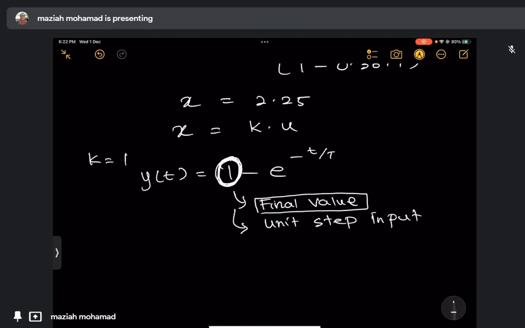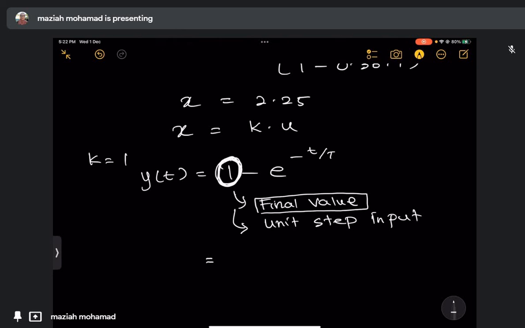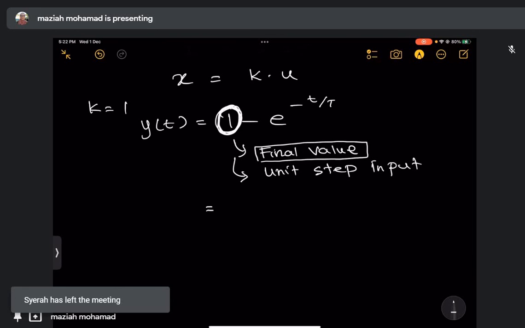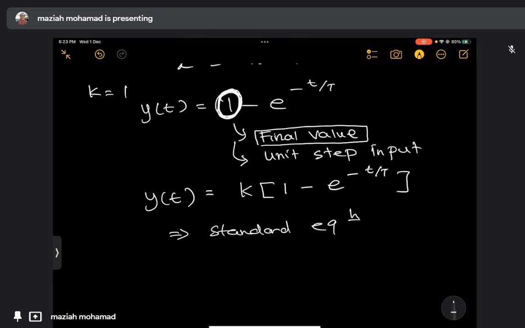Right, so kalau you reverse back, this value should represent the final value, K value, K multiply with U. y(t) is K times 1 minus exponent negative t per T. Okay, this is the standard equation, standard equation together dengan K lah.